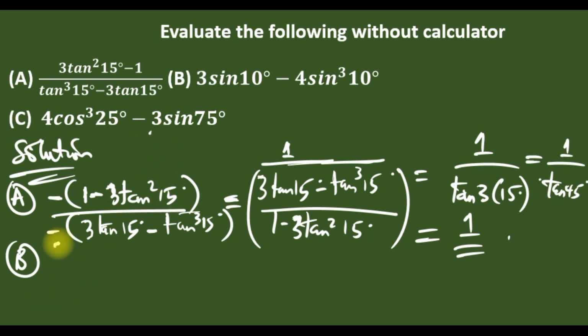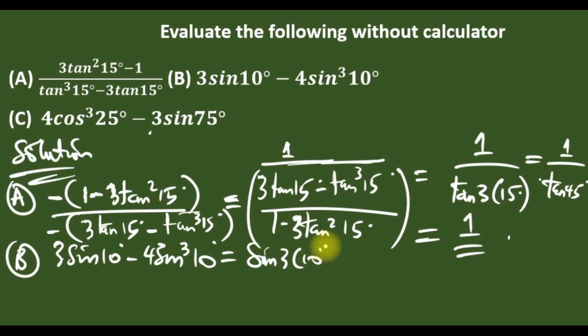So this, 3 sine 10 minus 4 sine cube 10, is equal to sine of 3 times 10. So this is sine 30. So the answer is half.